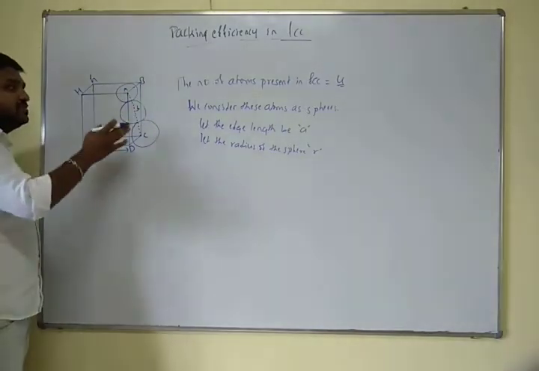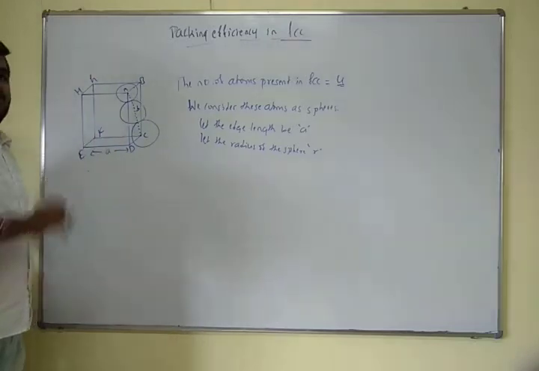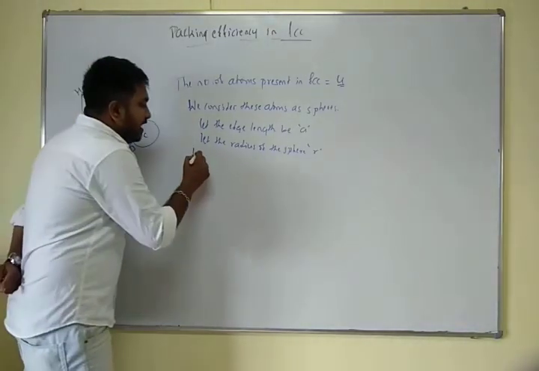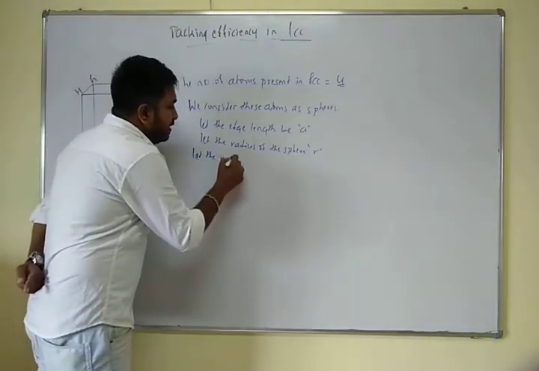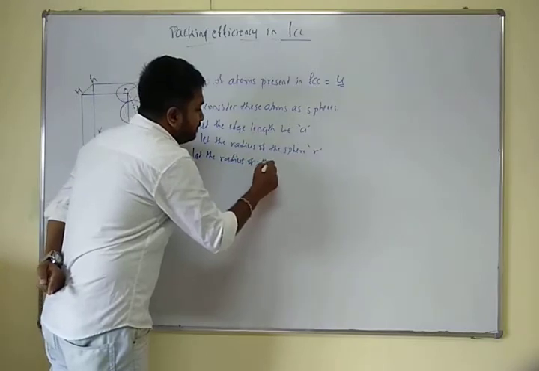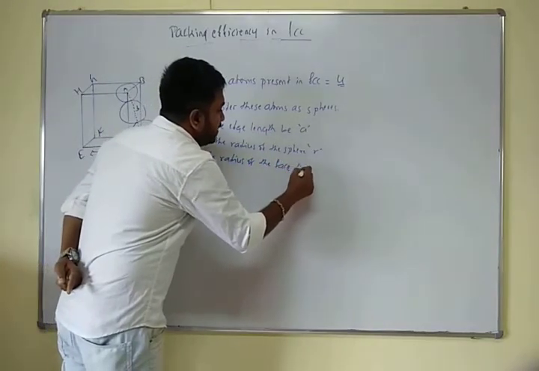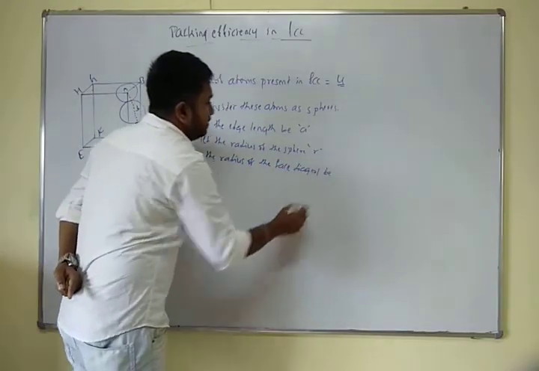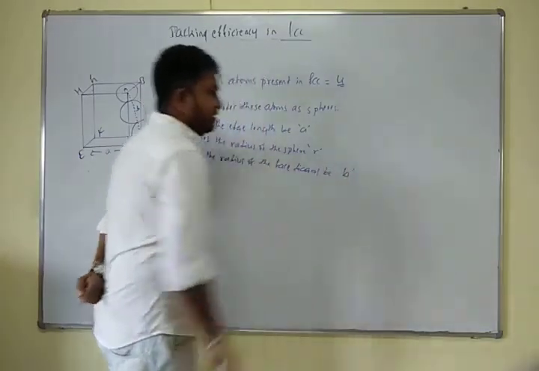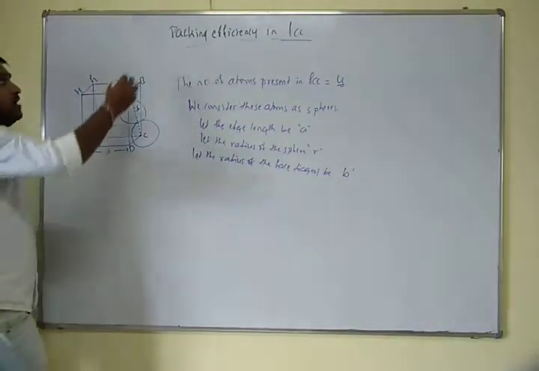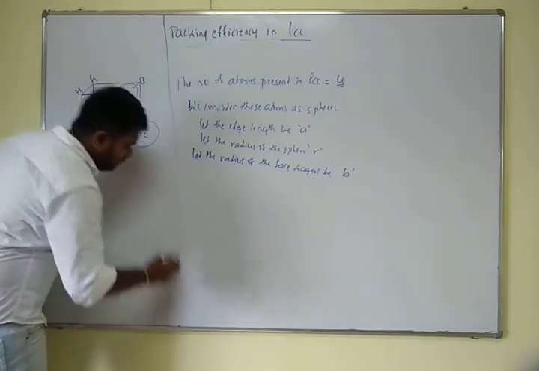In FCC, we have spheres only on the faces. Clear? So let the length of the face diagonal be B. Let us now calculate the value of A.